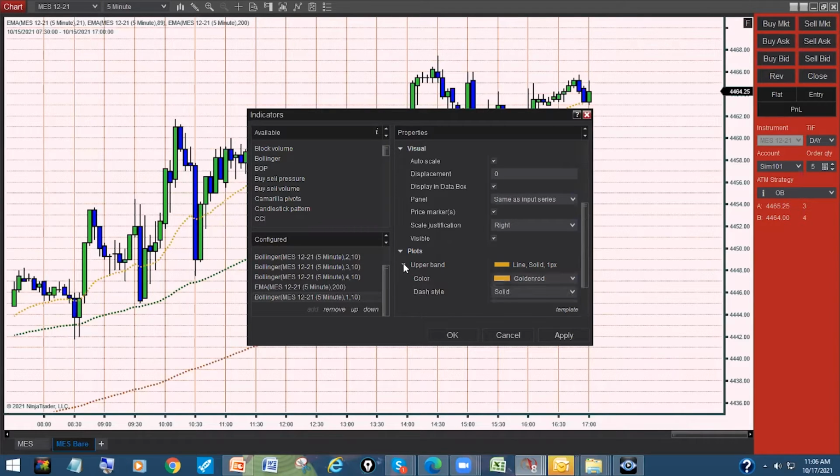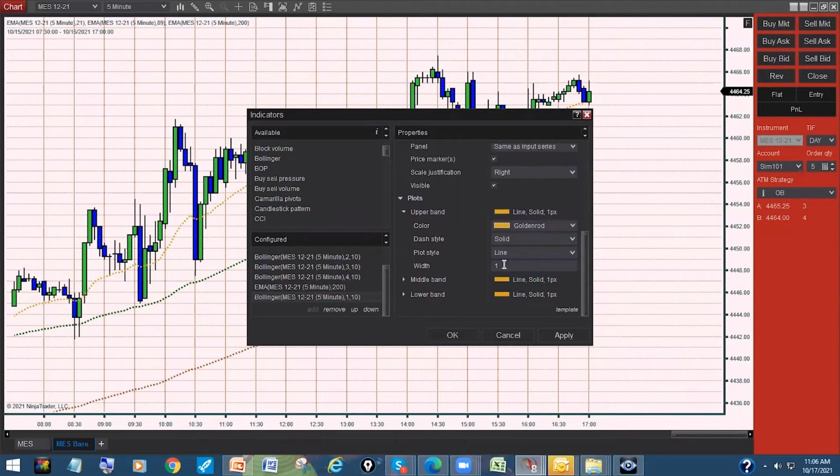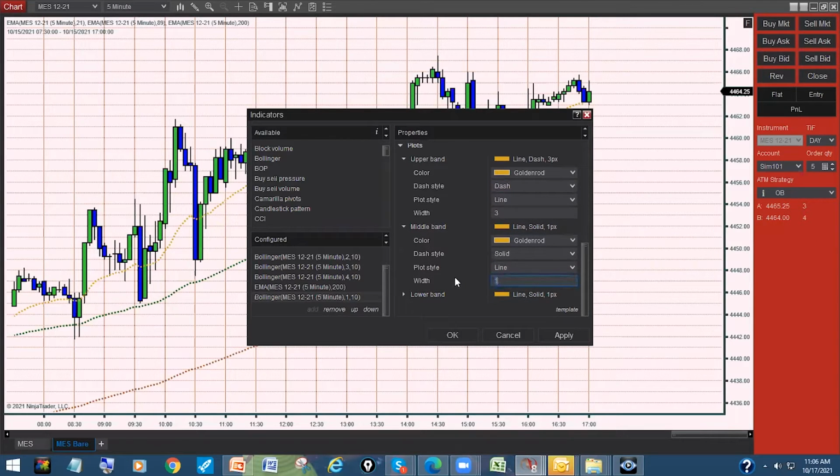So let's do another couple of things just to accentuate. Let's make these weight of 3. Let's put the top in a dash, and let's come down to the bottom, make that a 3. We'll leave that solid.